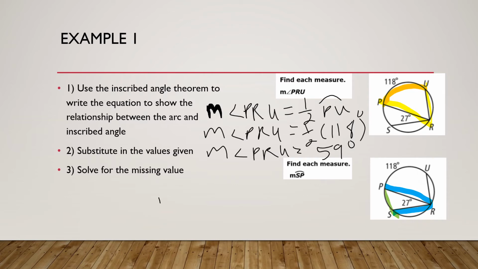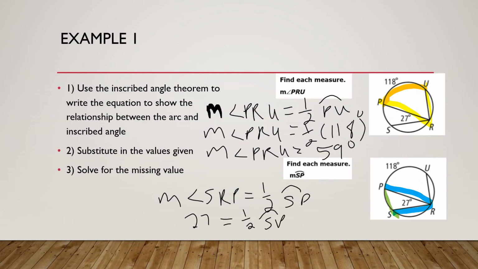The measure of the inscribed angle SRP is equal to half of the arc SP. We know the measure of the inscribed angle SRP is 27. It's going to be equal to half of the intercepted arc SP.